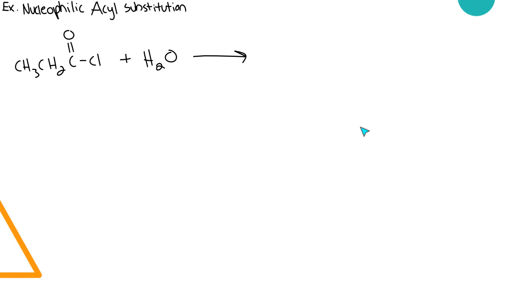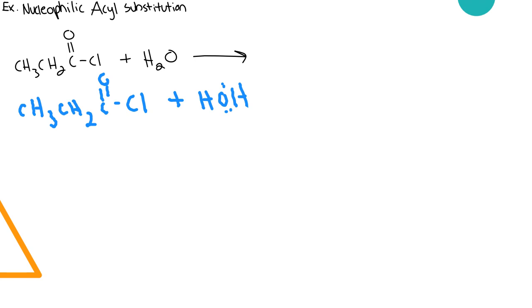Okay, we'll probably stop after this example here. So we have an acyl chloride. Again, this is reactive enough, that carbon is electrophilic enough, that I can add water without doing anything to it.